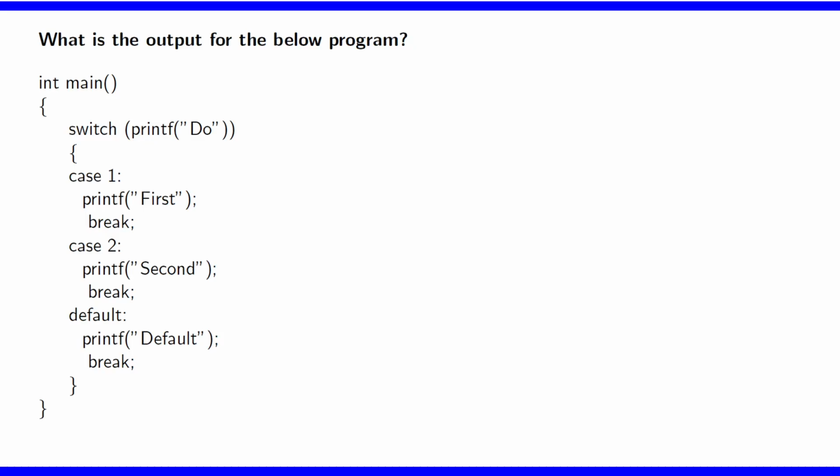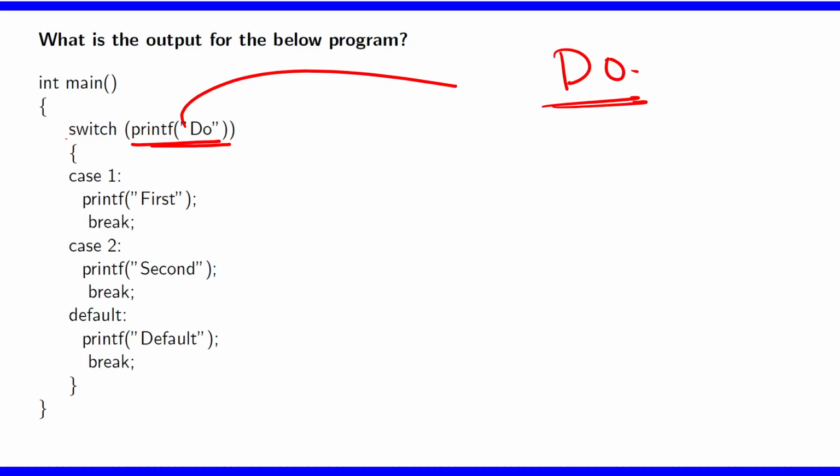Okay, let's see what is the answer for this. See here, again, program will begin here, switch case, inside there is a printf. Wherever there is a printf statement, if it is accessible validly, it has to be done first. So this will print do first. Okay, output will contain do definitely. Then after that, I told you, printf is a function which returns the size of the value which it is printing.